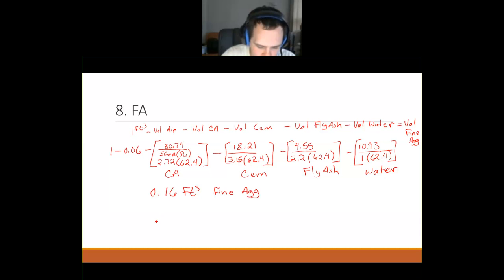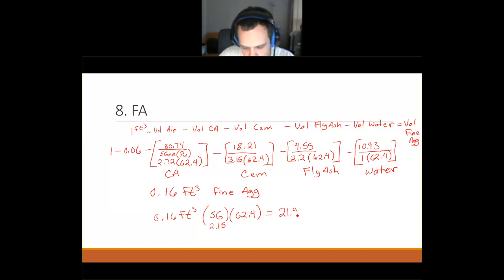So I'm going to do 0.16 cubic feet per cubic yard times the specific gravity, which is 2.15, times the 62.4. And that gives me a weight of 21.92 pounds per cubic foot of concrete that I'm mixing.